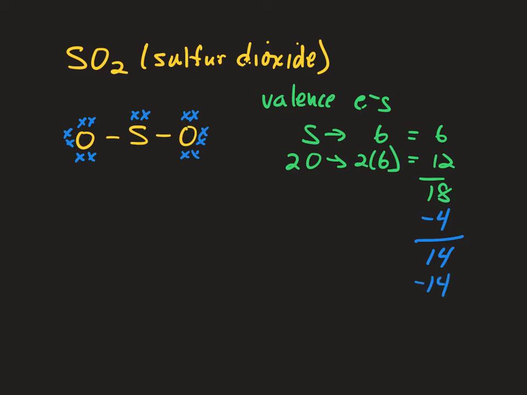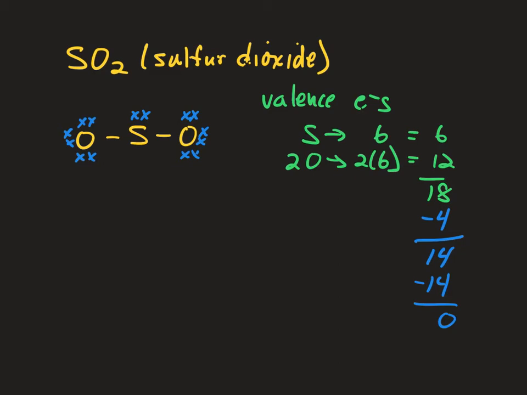We've accounted for all 14, leaving us with no valence electrons to distribute. Now, one problem we can see immediately is that sulfur in the center, 2, 4, 6, doesn't have an octet, but atoms around it have unshared pairs.